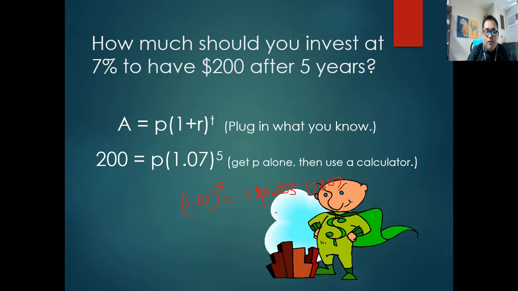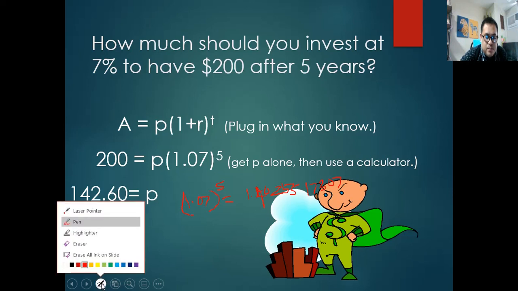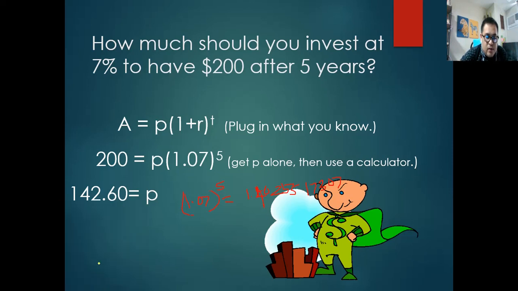And then, of course, simplify this one. So this becomes 1.4026, because you are going to divide 200 by it. So let's round this off.